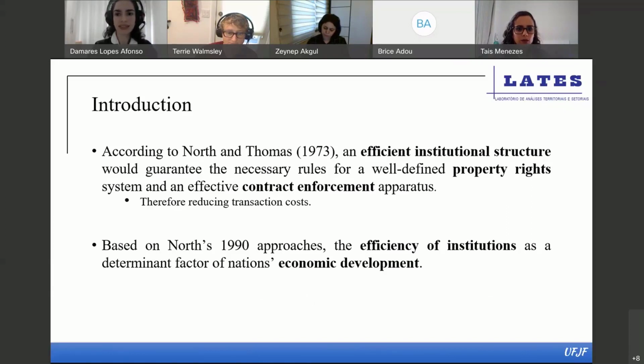For the author, efficient institutions would stimulate agents to invest in more differentiated products like manufactured sectors, boosting trade in manufactured sectors and the economic development of the countries.